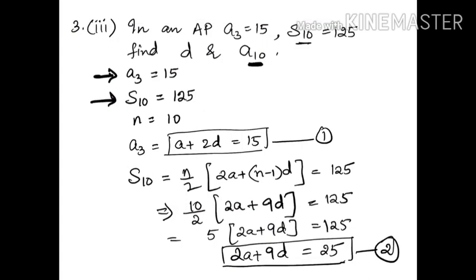We can solve them by the method of elimination. So we will eliminate a. To do that, we will multiply equation 1 by 2 and then subtract the two equations. So equation 1 multiplied by 2 gives us 2a plus 4d equal to 30.